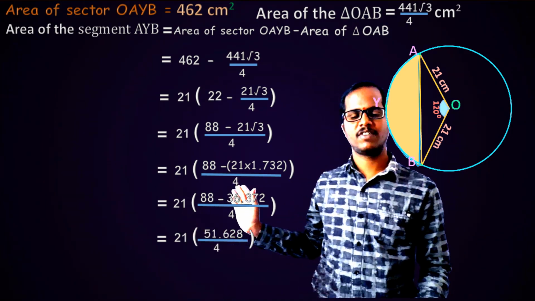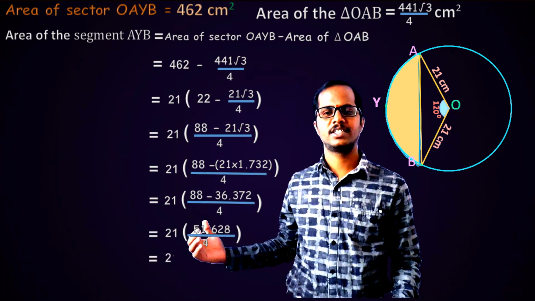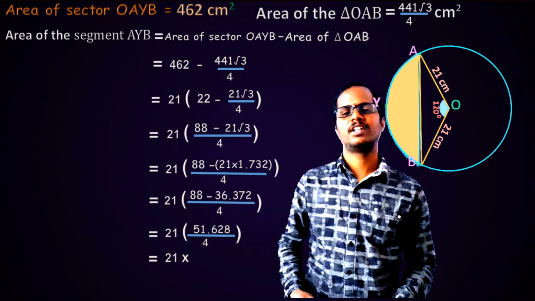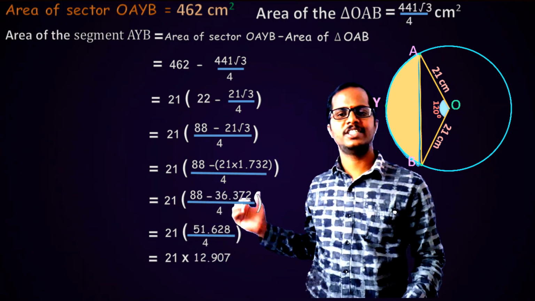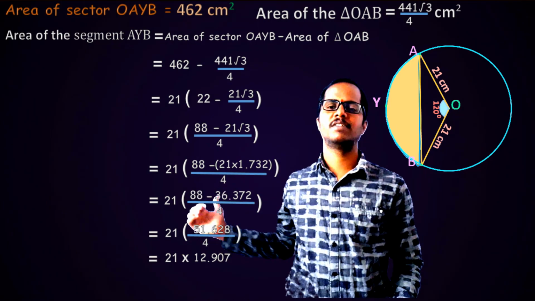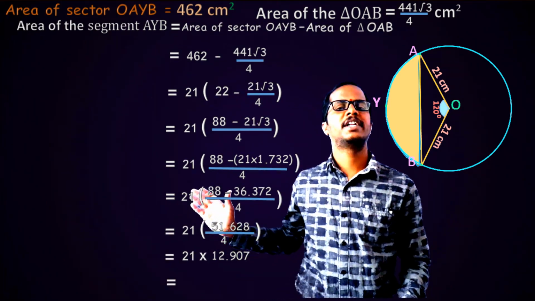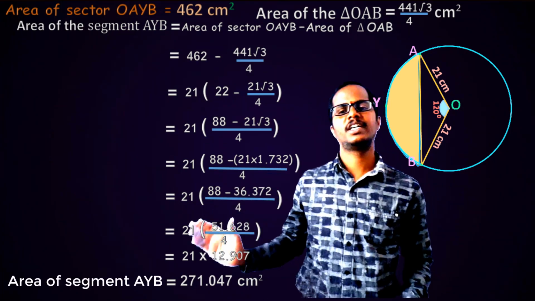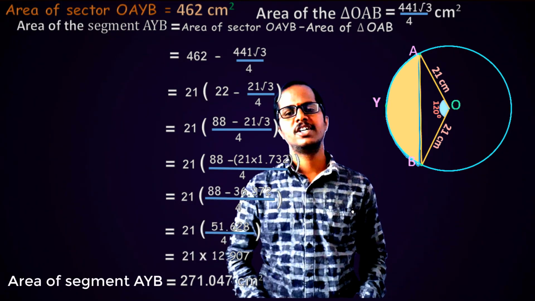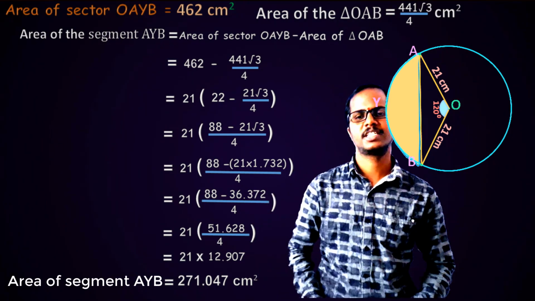By dividing 51.628 by 4, we get 12.907. So altogether we have 21 into 12.907. So by multiplying them, we get 271 centimeters square. Therefore, the area of the required segment is 271 centimeters square.